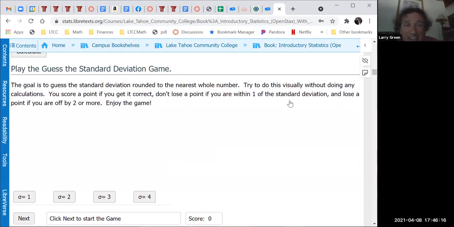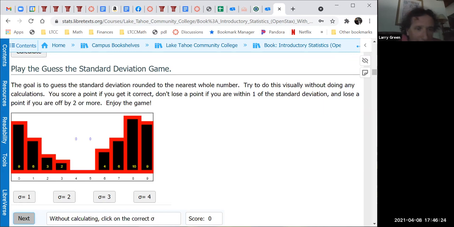Okay, so this is the guess the standard deviation game. Let's see how I do it in the game. Okay, so I'm going to click next. And I want you to see if you can guess what the standard deviation is. And again, it's not exactly 1, 2, or 3, or 4, but see if you can get the number that it's closest to. You can put it in the chat box. So here's a histogram, by the way. Let's see if you can guess what the standard deviation might be for this histogram by looking at the values and the numbers and the bars.